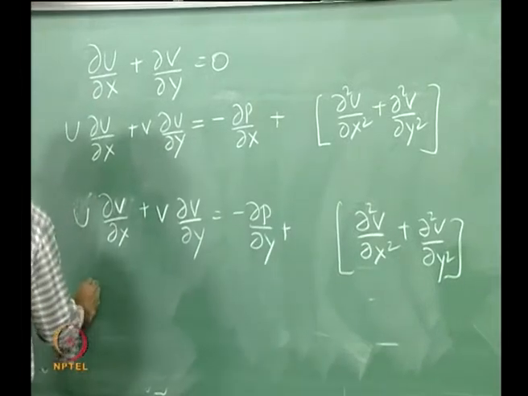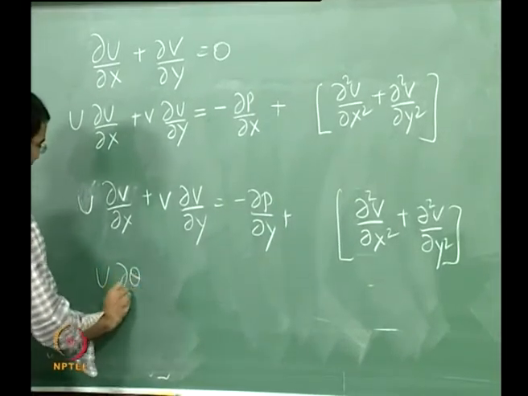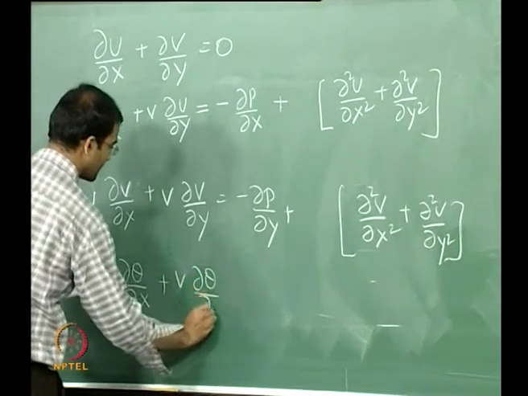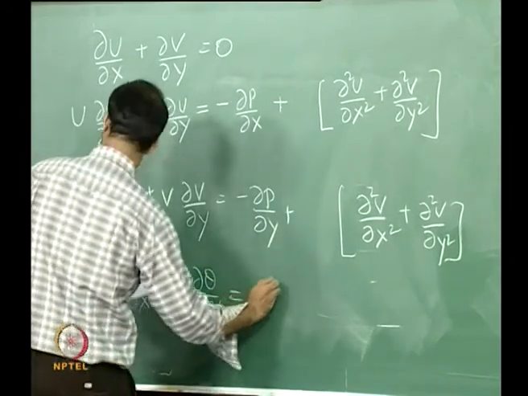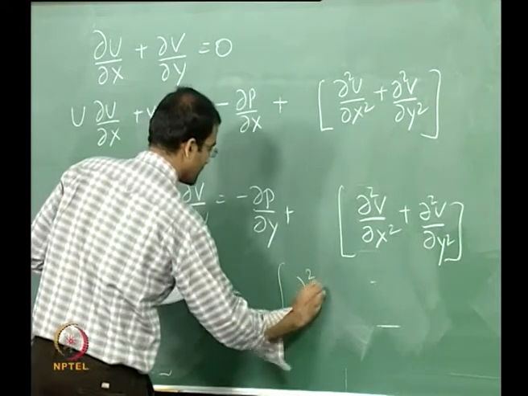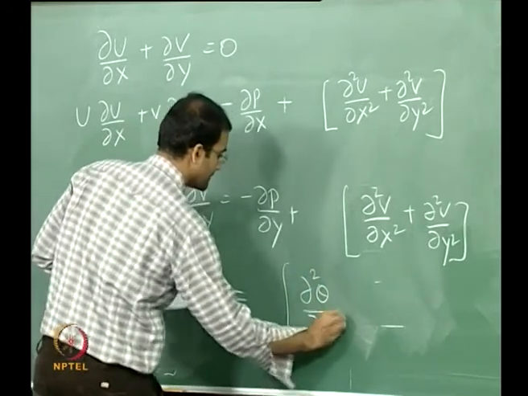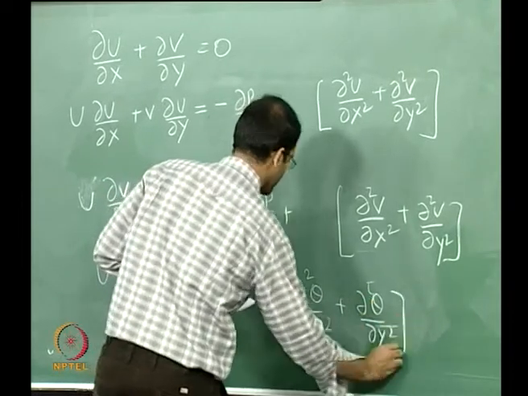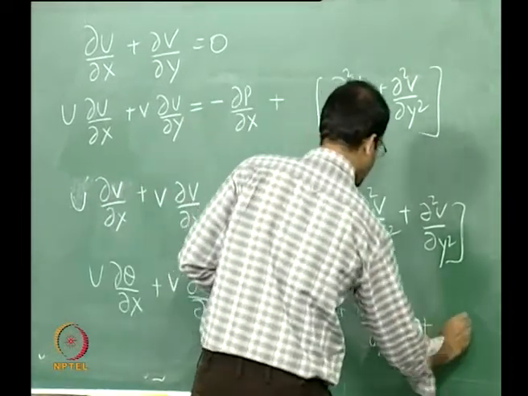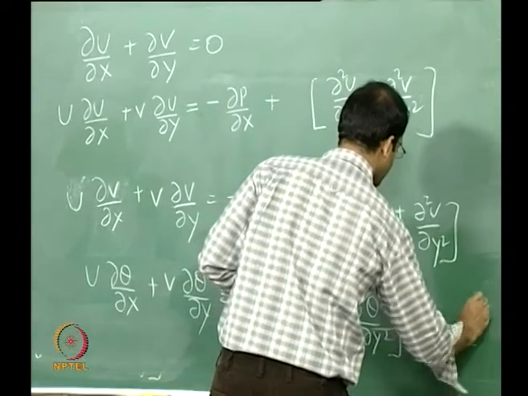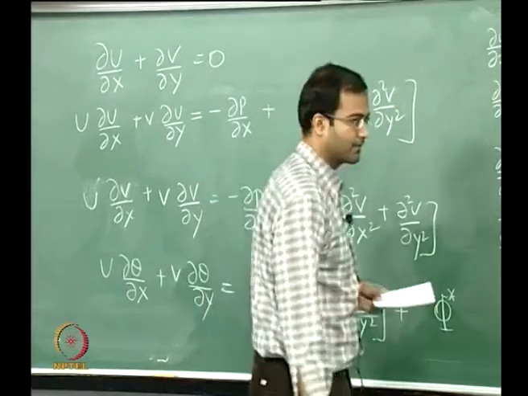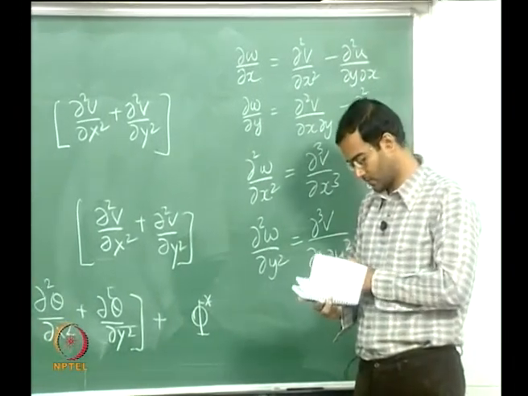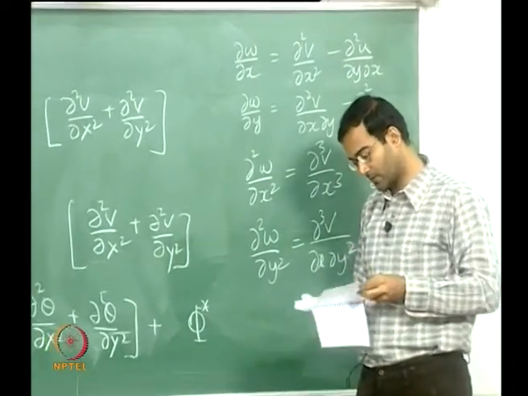And similarly finally you have d theta by dX plus I am going to introduce a non-dimensional viscous dissipation phi star. So you have to fill in the blank, what are the terms that are going to appear here.